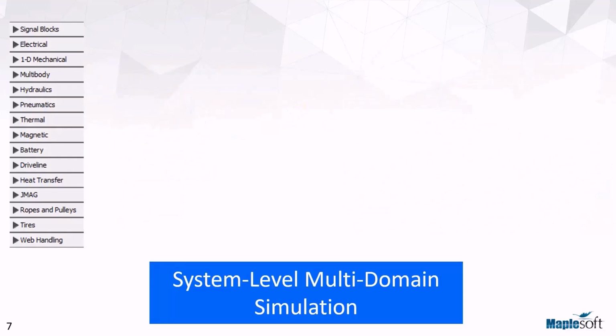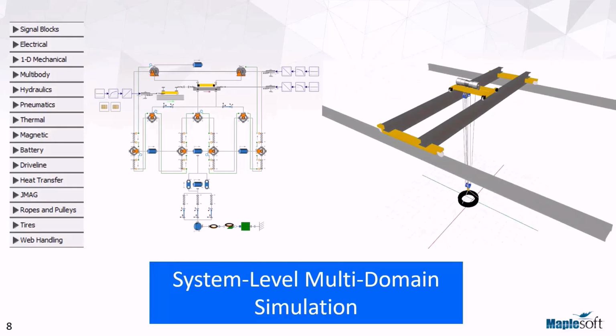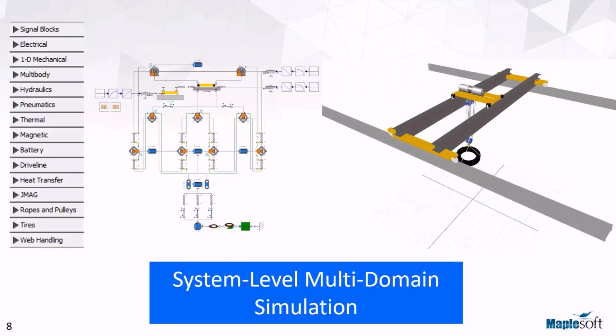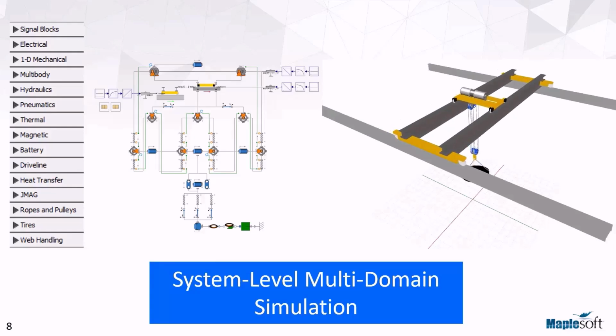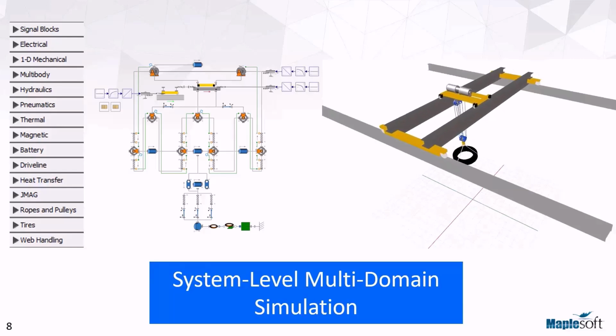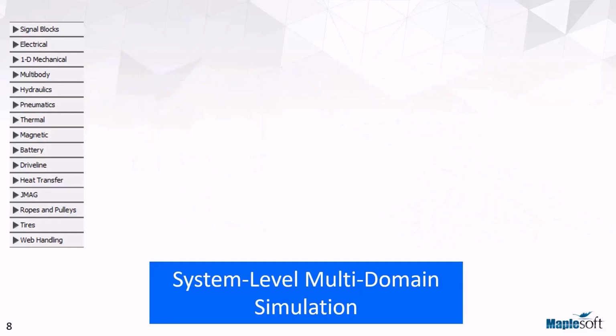Here's another example of a crane, which includes a block diagram on the left and the 3D visualization of that on the right. Again, we bring different component models from these libraries and connect them together to build more sophisticated systems.